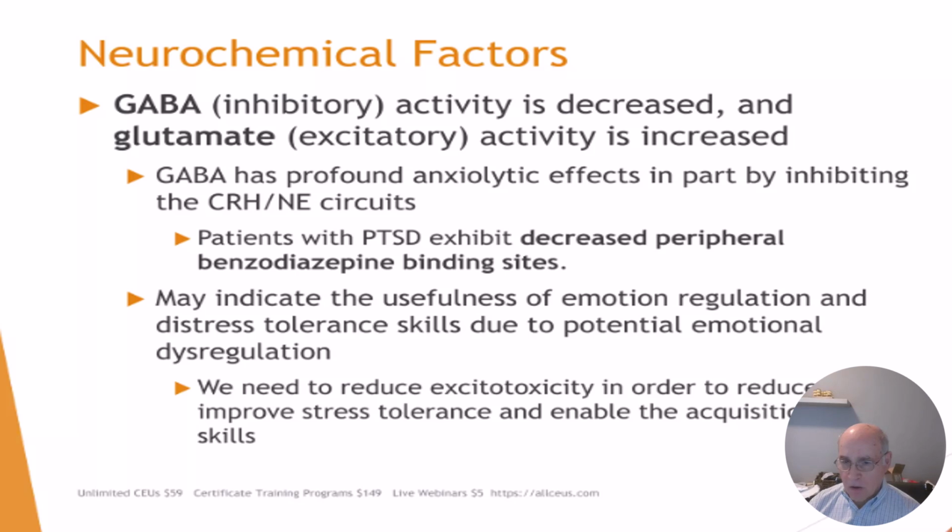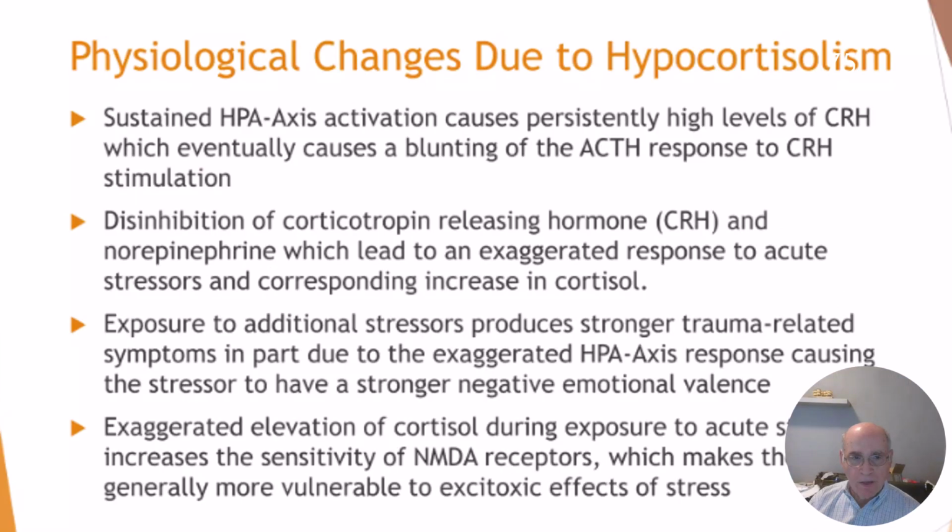It may indicate the usefulness of emotion regulation. So anything that involves dealing with your emotions, contemplation, prayer, meditation, all of those things will have an impact. Sustained HPA axis activation causes high levels of CRH, which causes a blunting of the ACTH response.